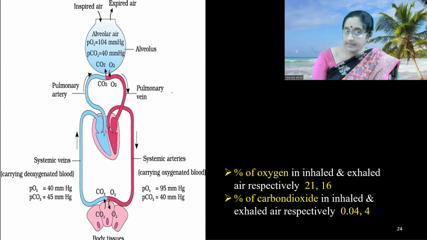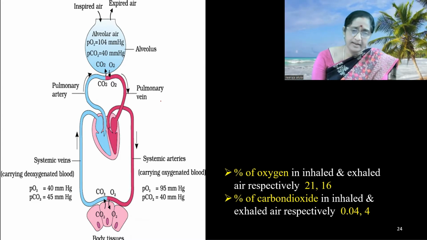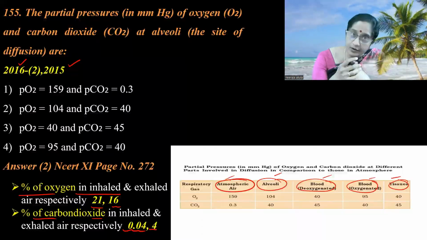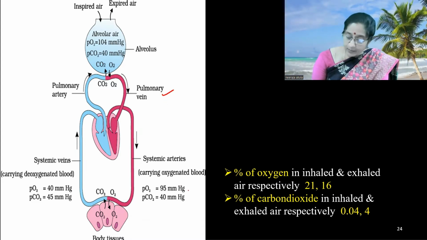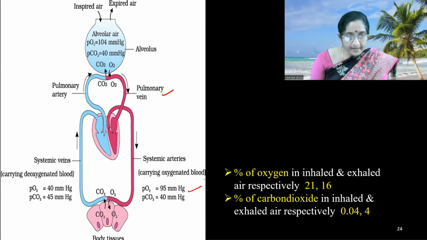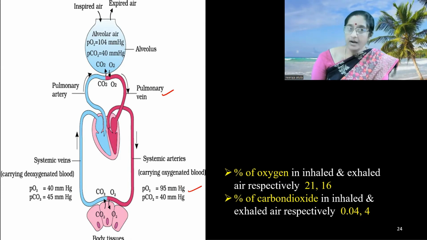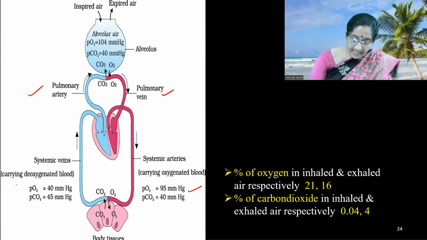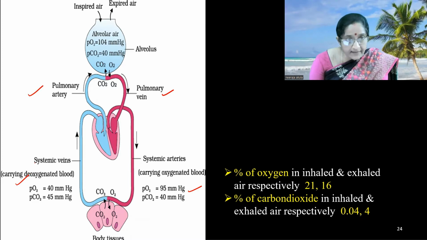You may get statement type questions right from this particular diagram. The partial pressure of oxygen and carbon dioxide in the pulmonary vein is equal to the systemic arteries. The partial pressure of oxygen and carbon dioxide in the pulmonary artery is equal to the systemic veins.